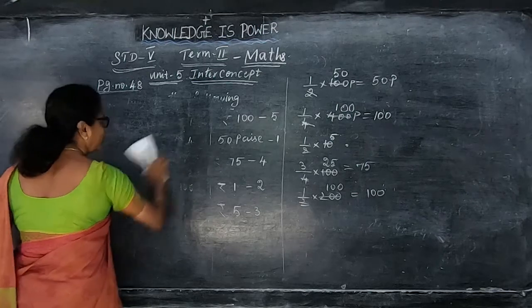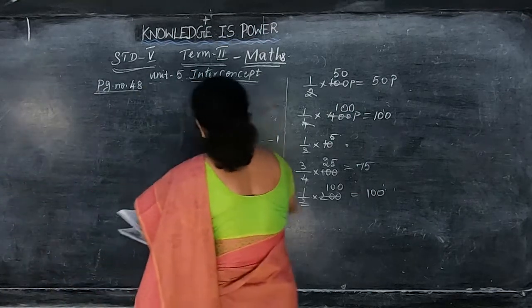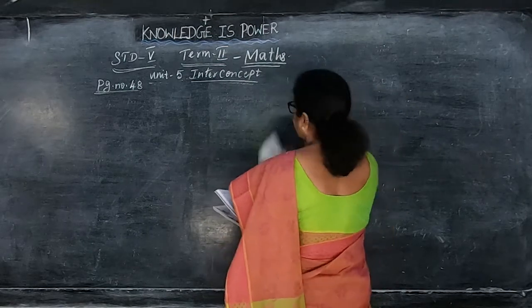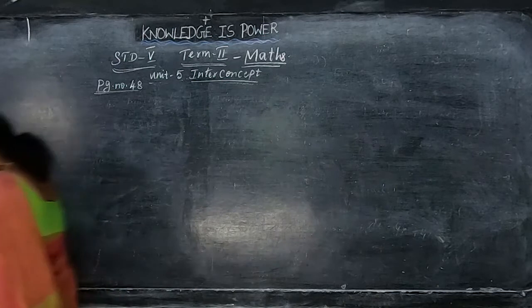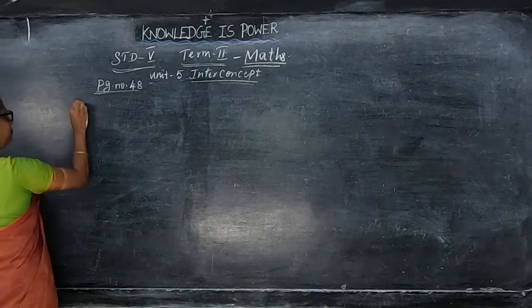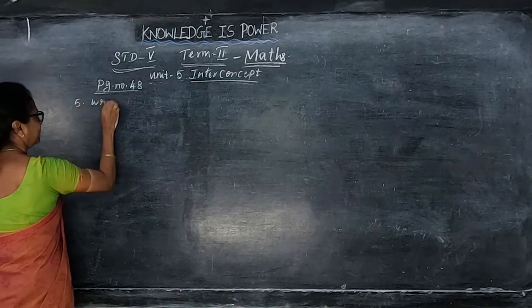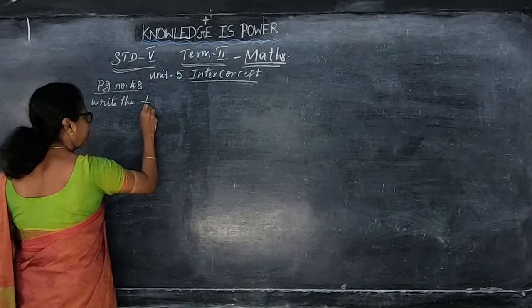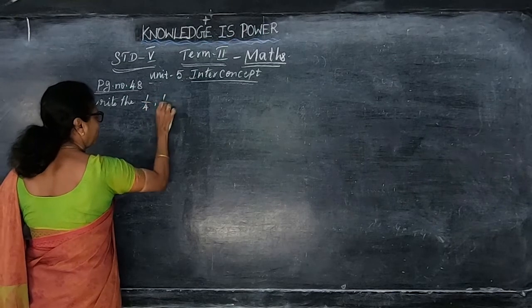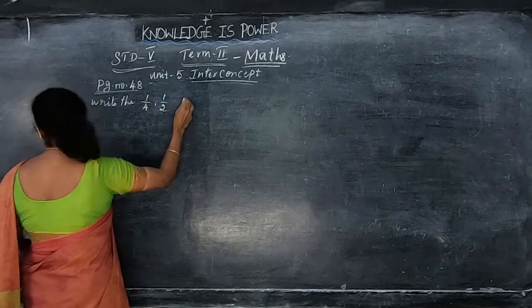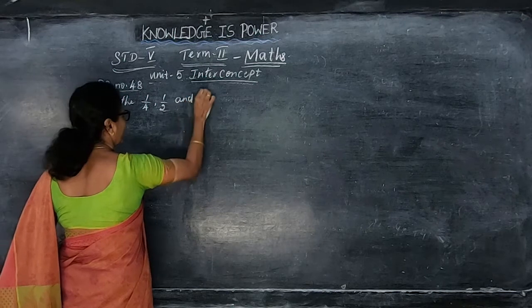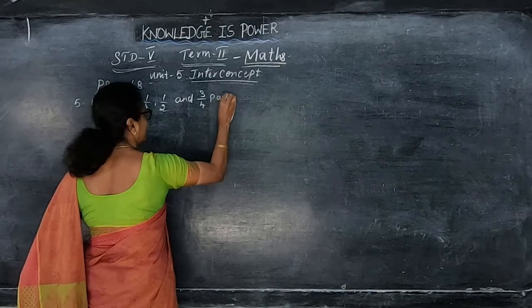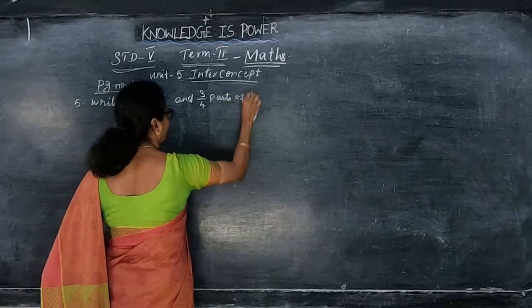Now, the fifth one, same page number 48, sum number 5. Write 1 by 4, 1 by 2 and 3 by 4 parts of the following.